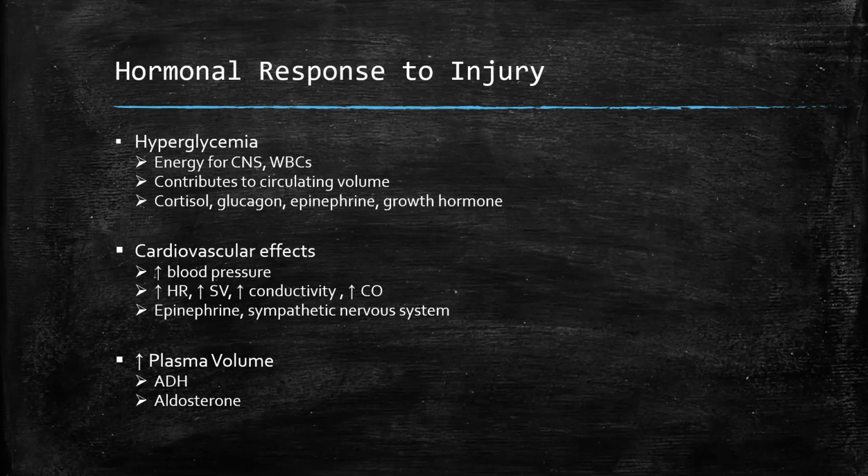Hyperglycemia also has a secondary effect on increasing circulating volume through an osmotic effect as well. The hyperglycemic response is primarily under the influence of cortisol, although glucagon and epinephrine and growth hormone also contribute to this.